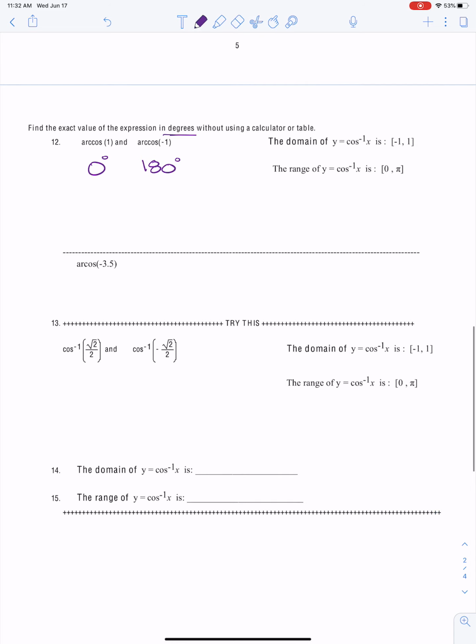Okay. Inverse cosine of negative 3.5, again, that falls outside of our domain. And so this has no answer. Not possible.